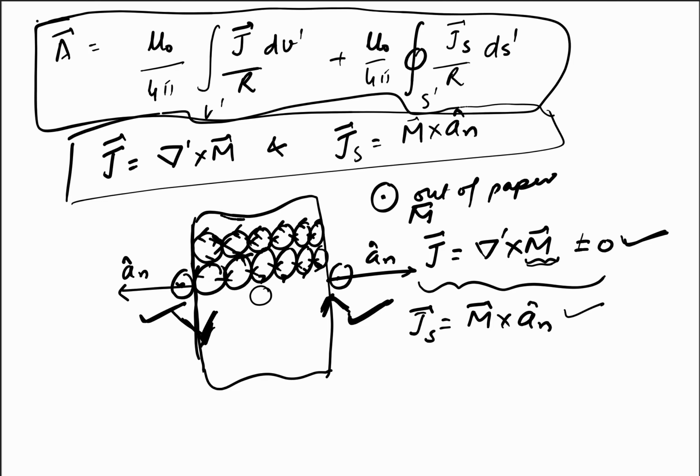In that case we got a volume charge density equal to minus del dot P, and a surface charge density sigma s or rho s equal to P dot an. So we got these two quantities similar to what we have seen in the case of normal dielectrics in electrostatics. The things are although a little different in terms of scalars and vectors and cross and dot products, physically and intuitively the things are quite similar in both of these cases.